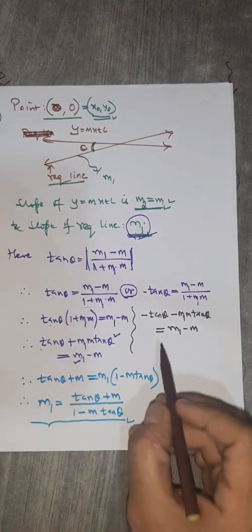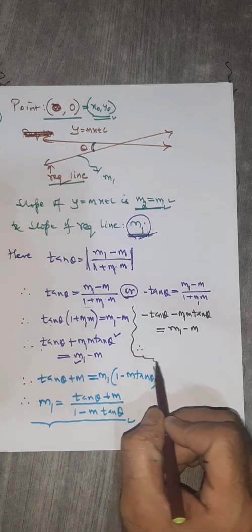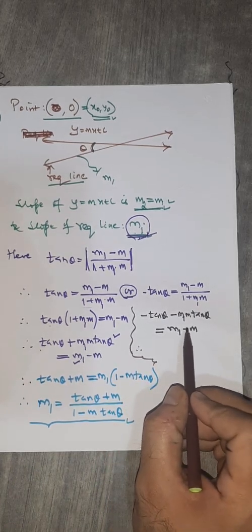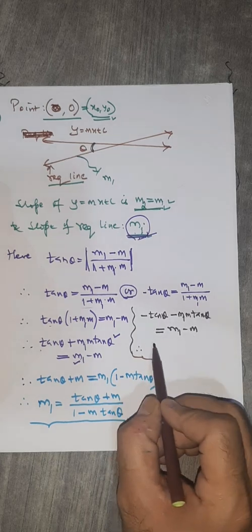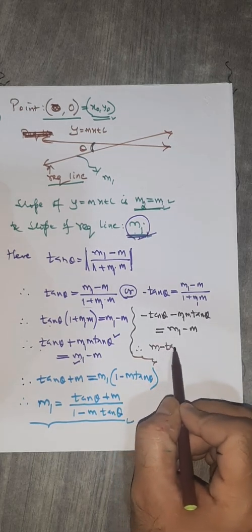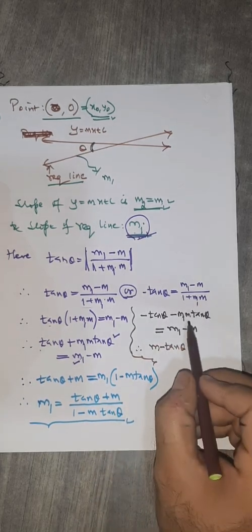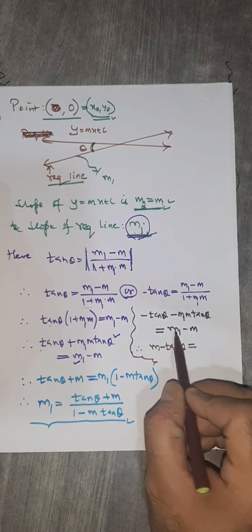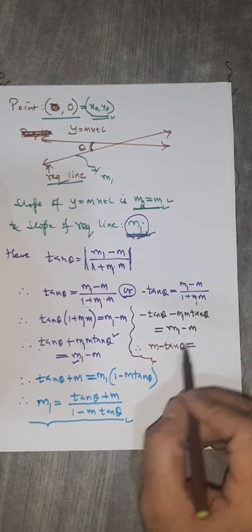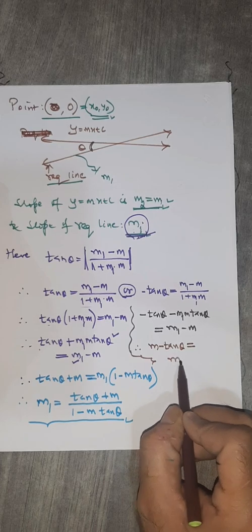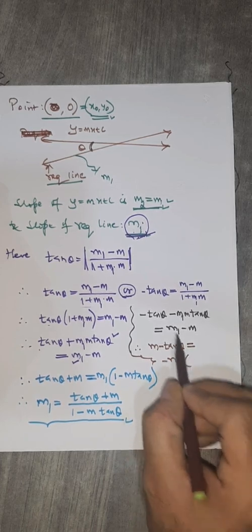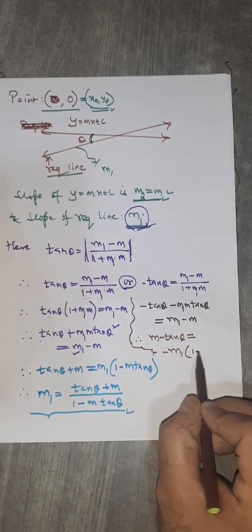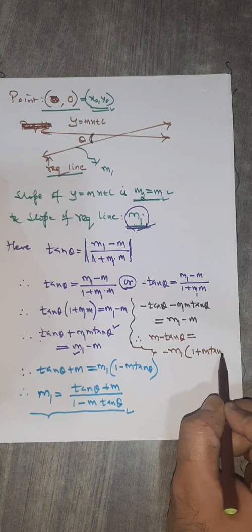Now, therefore, here we want m1. So I'll take m over here. So m minus tan theta. This side, if I take m1 on the other side, I'll take m1 common with a minus sign, so you have 1 plus m tan theta.